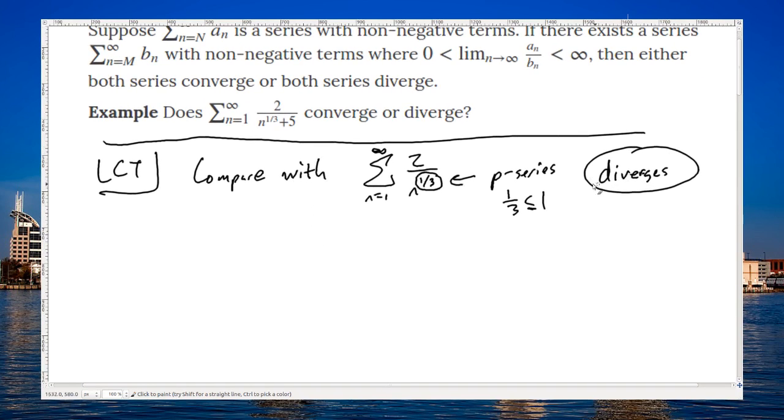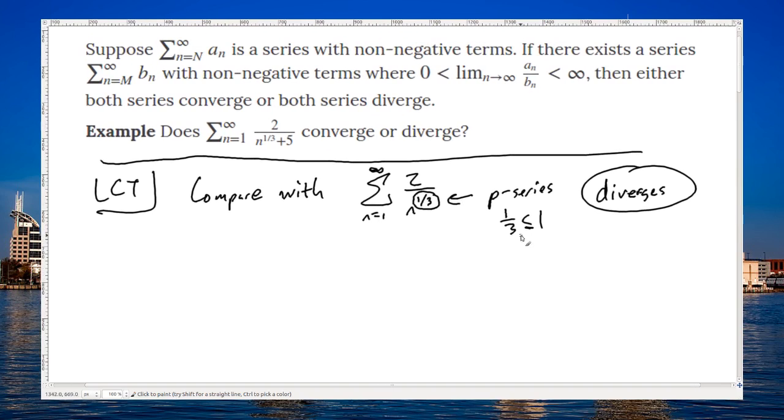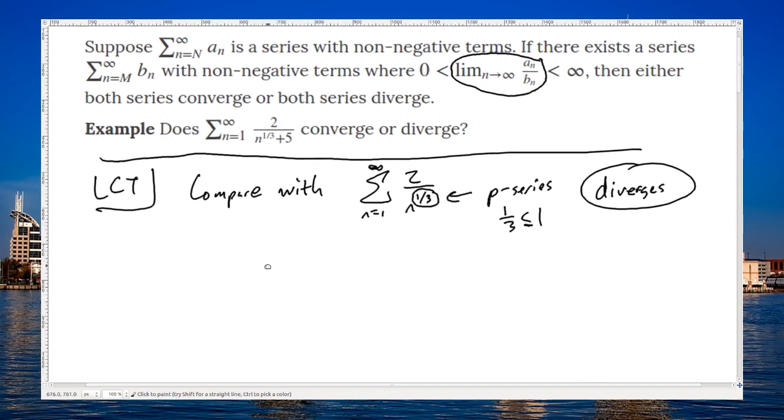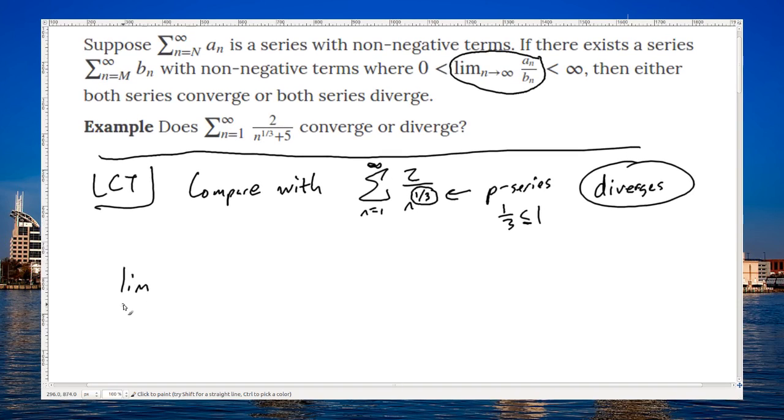So we're comparing with this, but we haven't actually done the comparison. The comparison is where we take this limit up here from the limit comparison test. So I'm going to take the limit as n goes to infinity. And remember that the thing that you want to know gets put on the top, and the terms you know about go on the bottom.